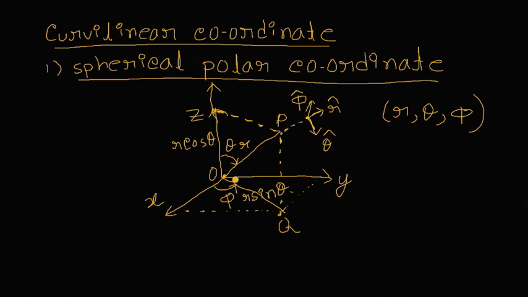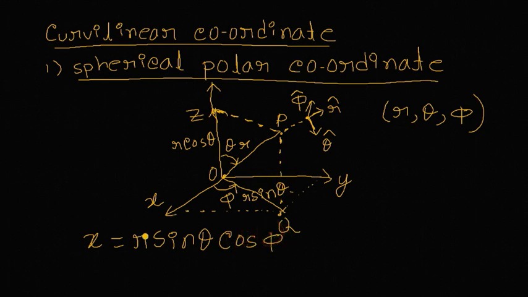Now the OQ line is r sin theta and this angle is phi, so we can say that the component on the x axis, which is denoted by x, is r sin theta cos phi. So x equals r sin theta cos phi.